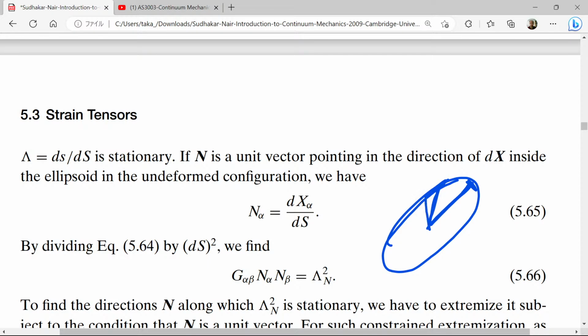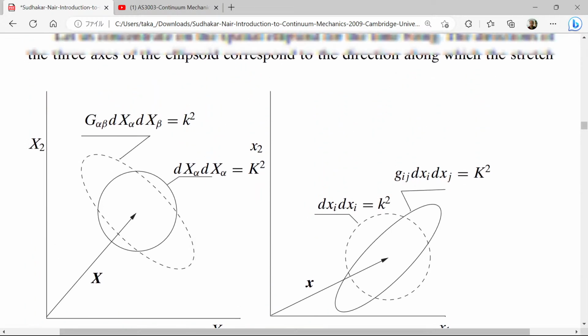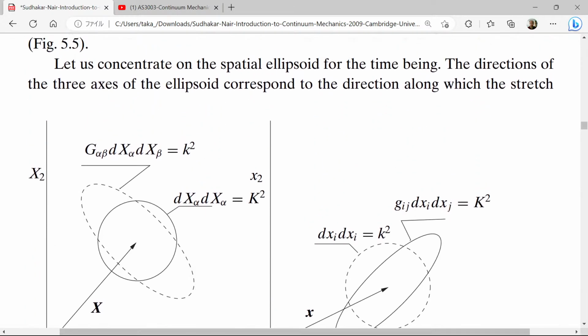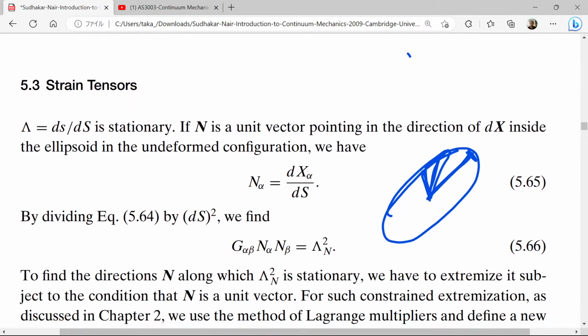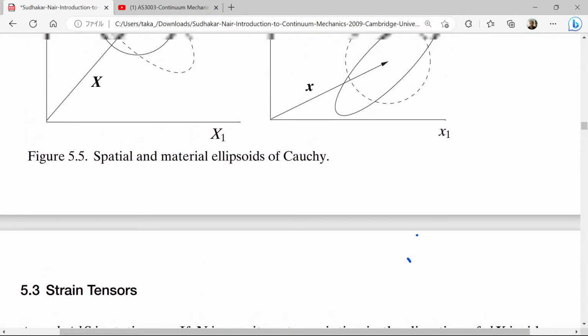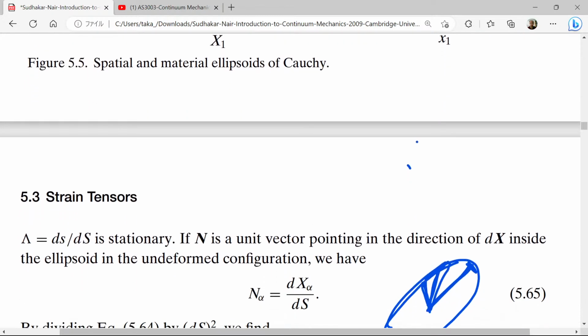So stretch becomes small and large. But for this ellipsoid, along the axis of the ellipsoid, the stretch is stationary.